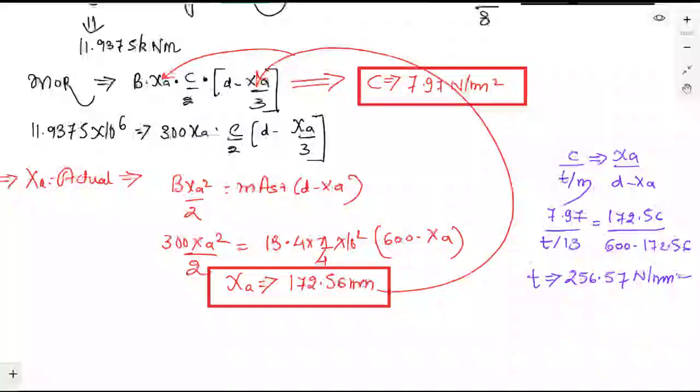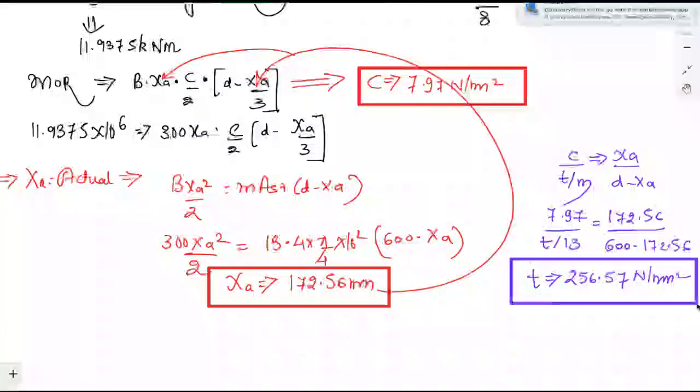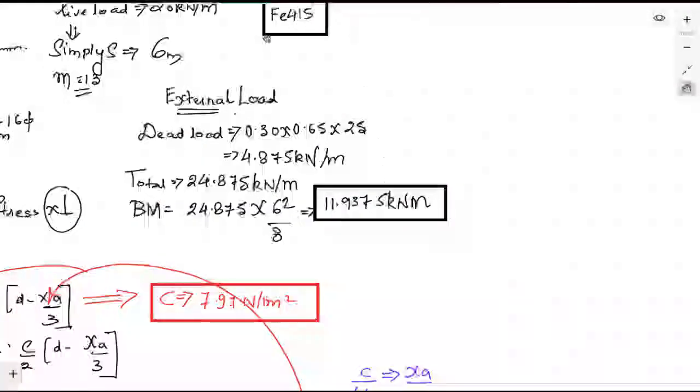It means that the stresses that are developed in the beam have these values. Concrete के अंदर क्या हो रहा है 7.97, स्टील के अंदर क्या हो रहा है 256.57. अगर क्वेश्चन में आपसे पूछा गया, जैसे मैंने आपको बताया था कि if we are using this concrete and this steel, whether the section is safe? No, the section is not safe, because in case of M20 the sigma CBC value is 7 Newton per mm square, and in case of Fe 415, the sigma ST permissible value is 230 Newton per mm square.